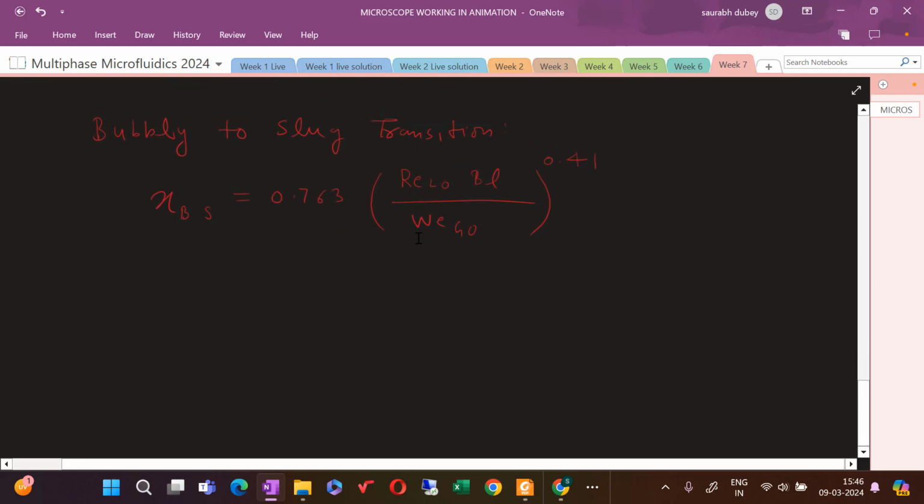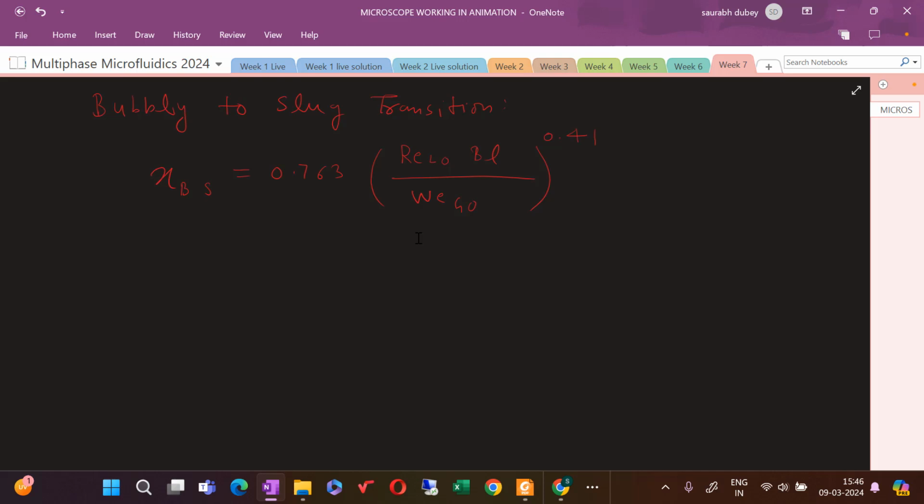So one question you could write about this: what is true for the bubble to sludge transition?